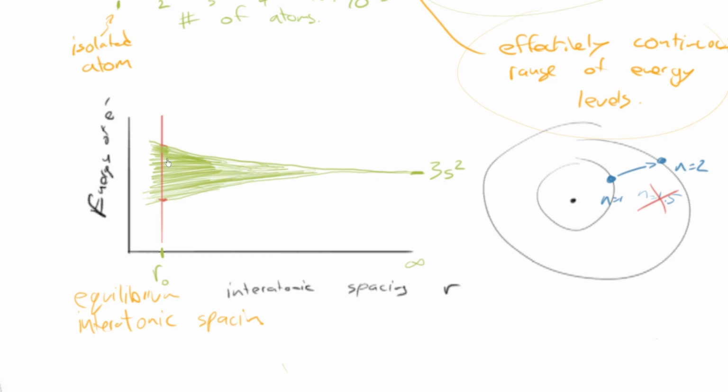Now what we need to think about is, what happens if we want to promote it up? So let's just say that there was another, the next energy level up, and I want to keep this generic at this point, so I'm going to erase 3s there. Just whatever the next electron energy level is that you had in the isolated atom, well, that will also spread out as the atoms get close to one another.